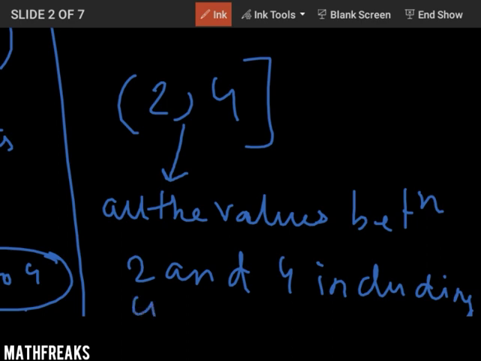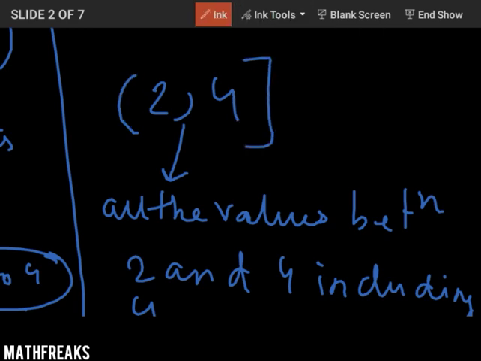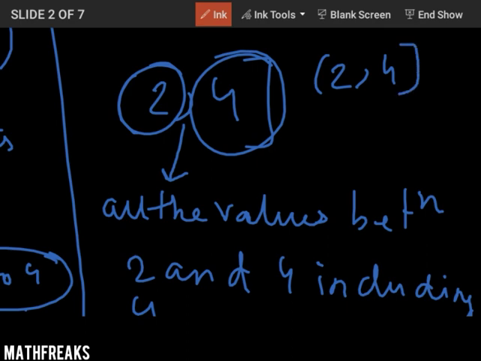Why including 4? Because 2 is open. This is how you should read it: 2 is open means that 2 is excluded and 4 is closed. So with 2 open, 4 closed, 4 is included and 2 is not included. Another example you can say is 0 comma 3. What do you mean by that?